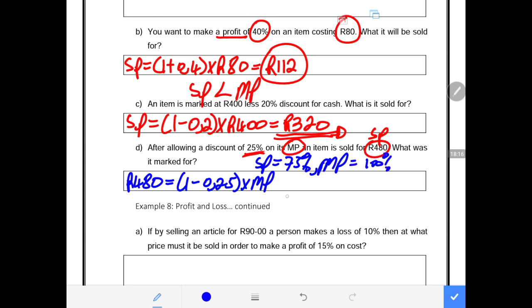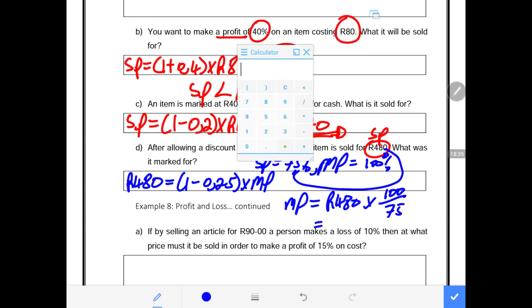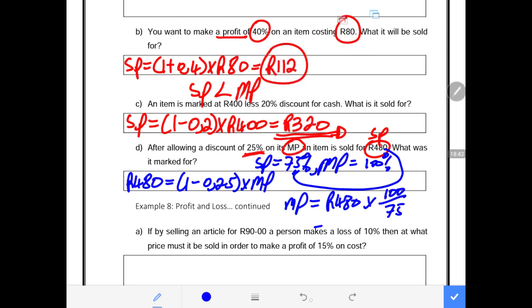So in other words, MP is equal to 480 times 100 divided by 75, because this selling price, which is 75%, equals 480. Because we know that, we can use a shortcut approach: 480 times 100 divided by 75 gives us 640 as our marked up price.